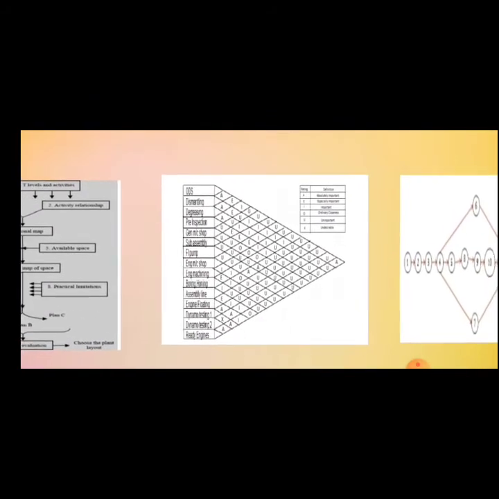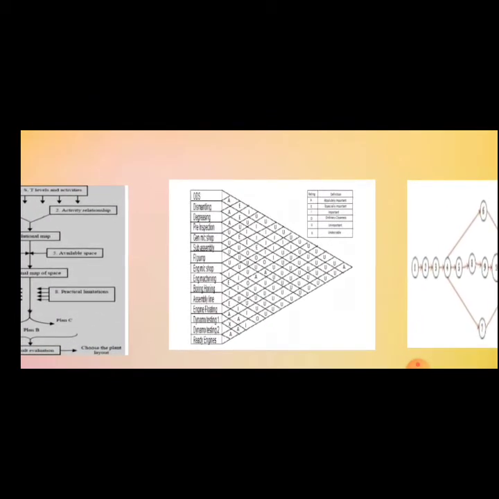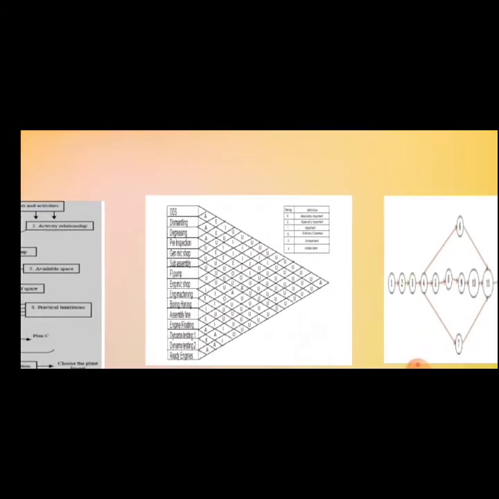Likewise, this relationship chart is drawn. For an absolutely important relationship, we cannot ignore it, so the distance between these two things is not to be affected.